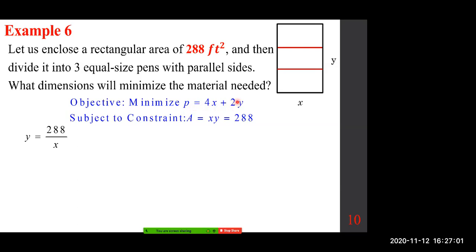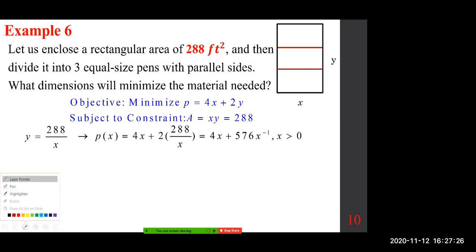Objective function is 4X plus 2 times Y, which is 288 over X, and that gives you 576 over X, or 576x to the power of minus 1. The reason we do that is for the sake of next step.